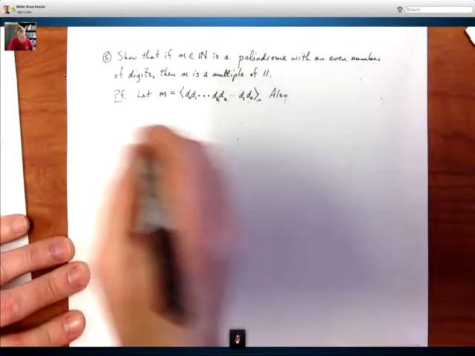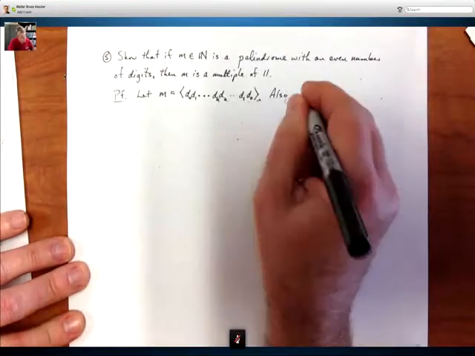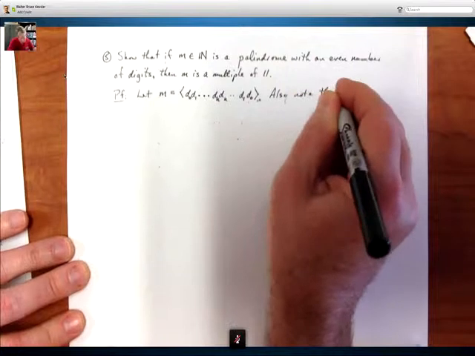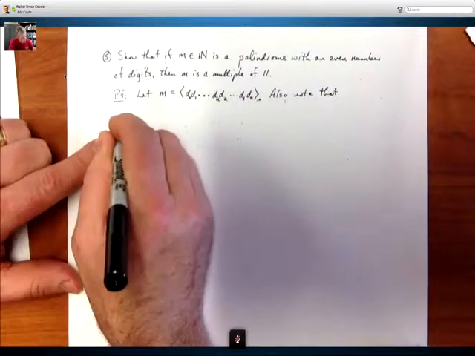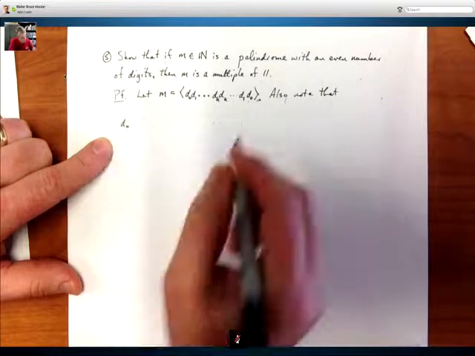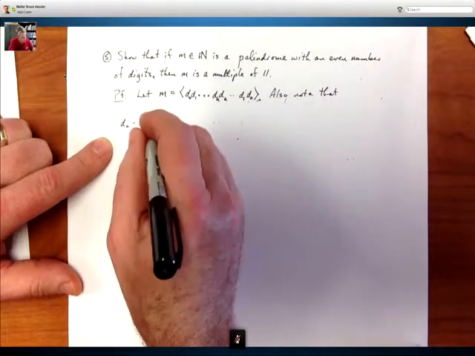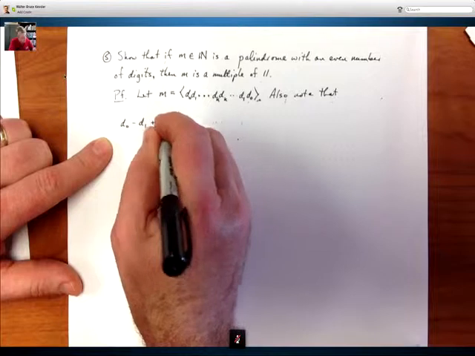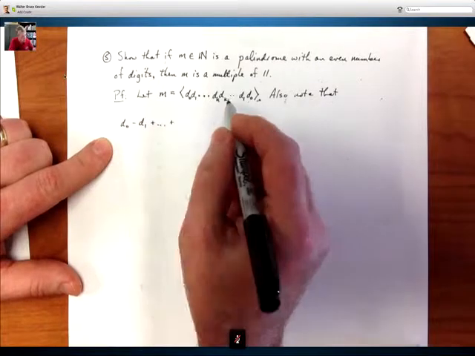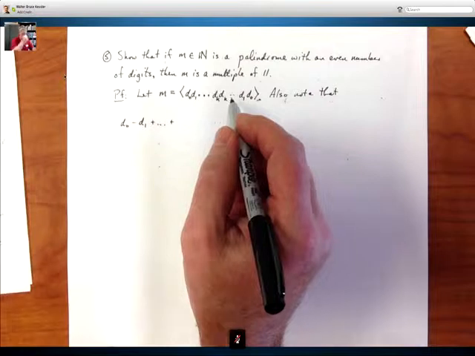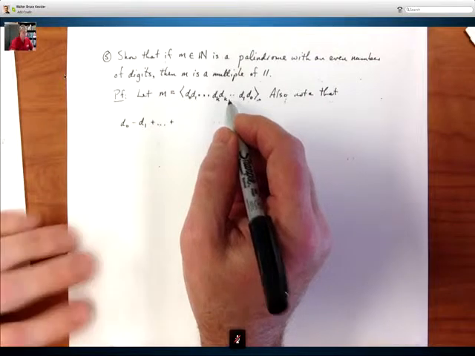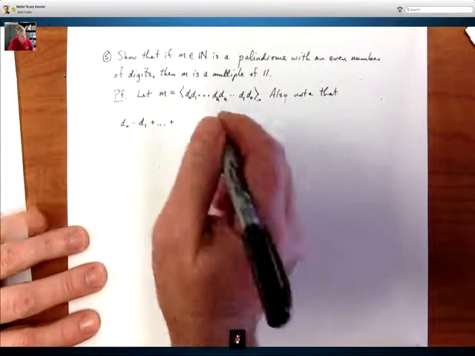So I'll point out to you that if we go through here, and I'm going to start on the end. So this is d0 minus d1 plus, and I'll do a little dot, dot, dot in here. There's actually a d sub k minus 1 just to the left of this, right?